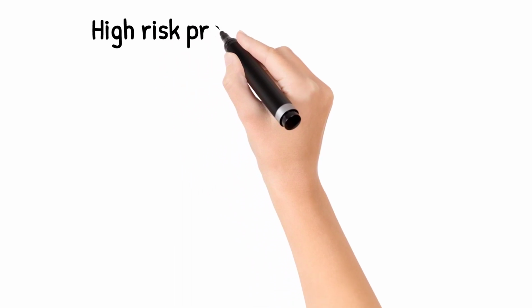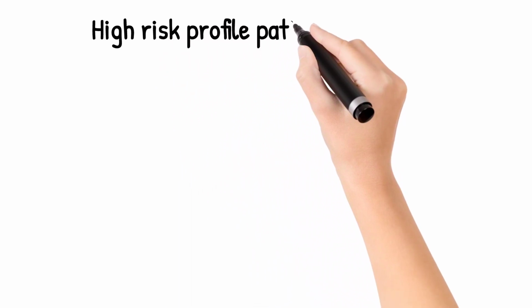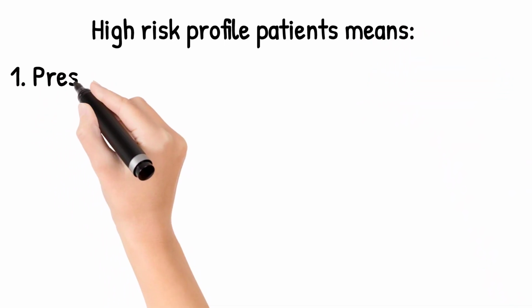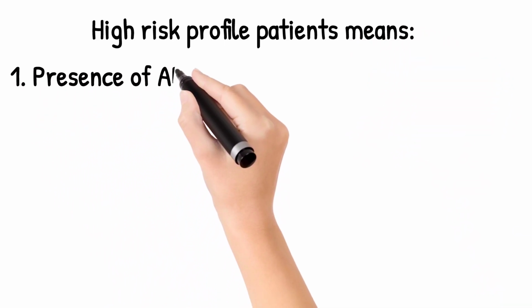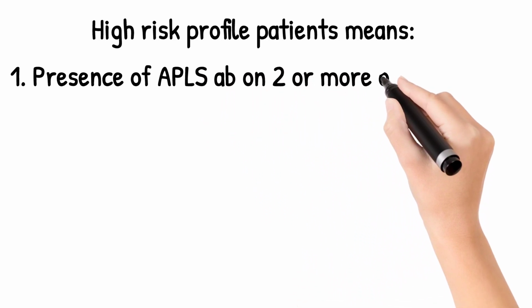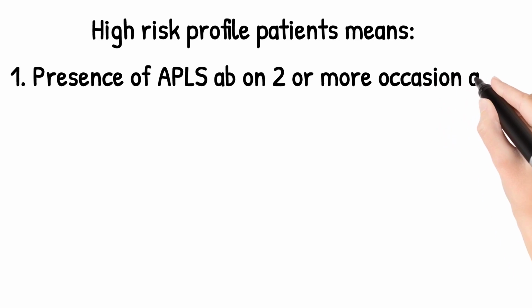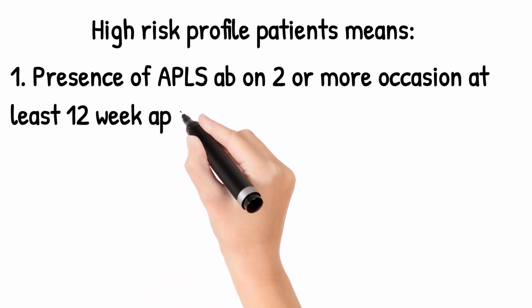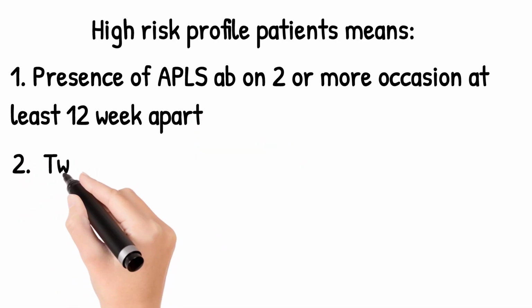Now, high risk profile patients are classified mainly on the presence or absence of antibodies. The presence of antiphospholipid antibodies on two or more occasions at least 12 weeks apart means that the patient is having persistent disease activity.